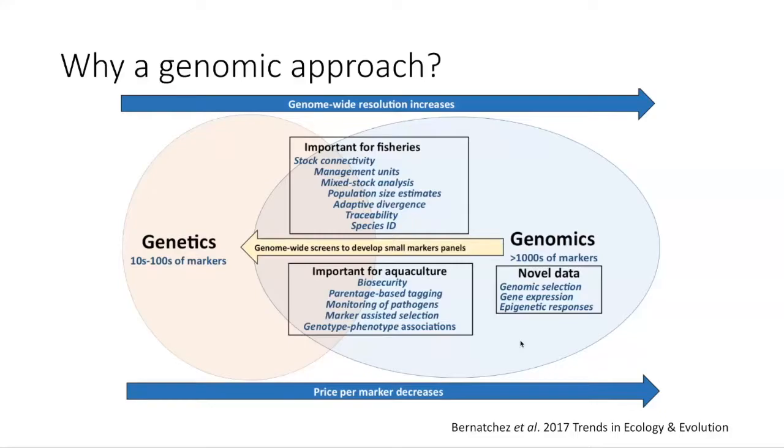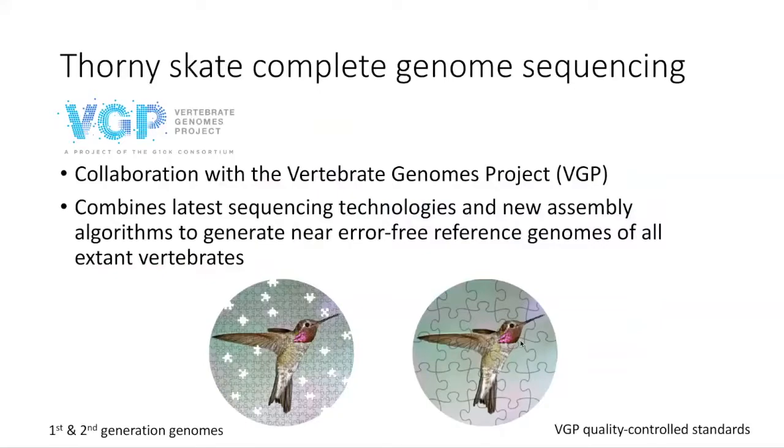And one of the things that is really hot off the presses here is some of this sequencing that is being done for the Thorny skate full nuclear genome. It's being done in collaboration with the Vertebrate Genomes Project, which is a colloquium of leaders in the field, basically, and using the most up-to-date sample preparation methods, sequencing methods and protocols, and assembly protocols.